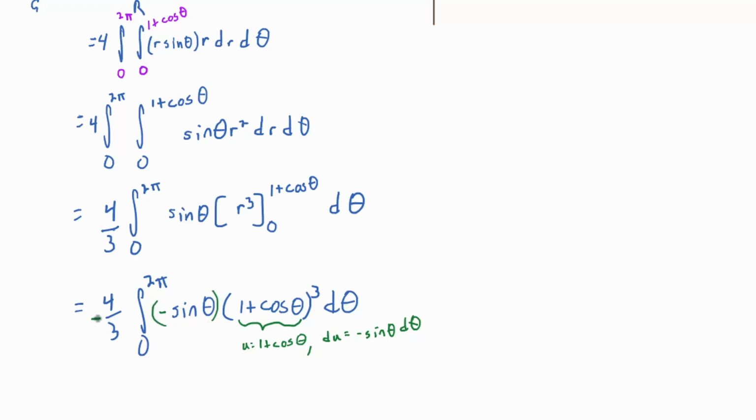And then like that. Now, this is a step I don't usually show, but if you do it, you might start to get more comfortable. So I'm going to rearrange the multiplication inside here. Again, not necessary at all if you're comfortable with this. So -4/3, integral 0 to 2 pi. I'll write the u cubed. I'm not actually making the substitution, but 1 plus cosine theta cubed is my u cubed, right?